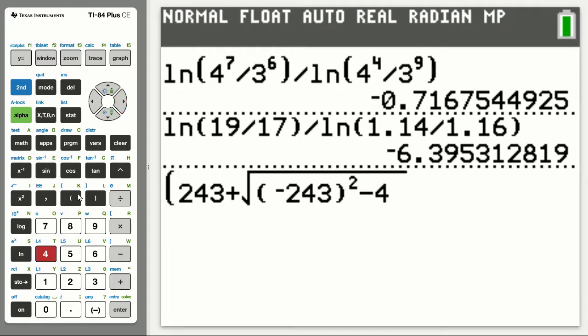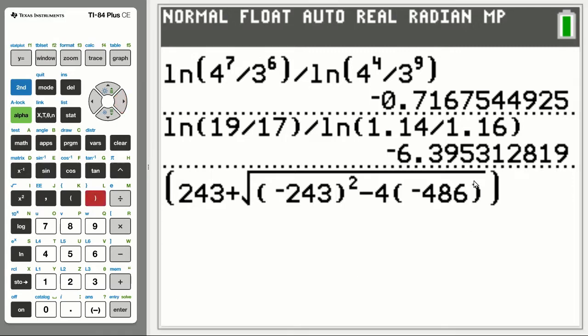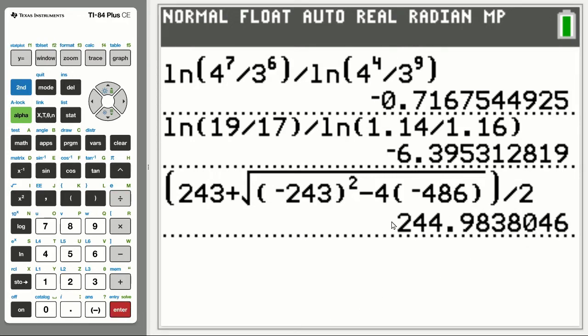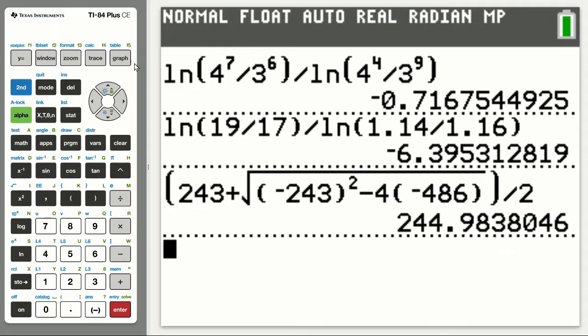Minus 4 times a, which is 1, so no need to write it down, times c, which is minus 486. Let's close parentheses. Now I get out of square root mode and close that parentheses. So this is the numerator, and I'm dividing that by 2 in the denominator. That's our solution for one of them. And then the other one.